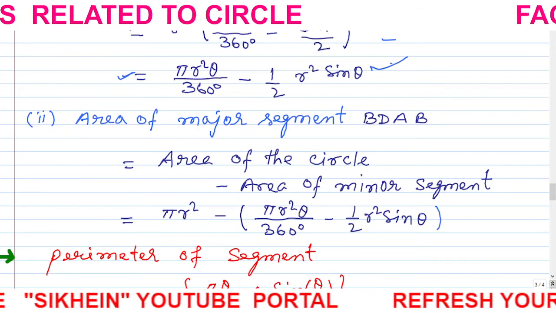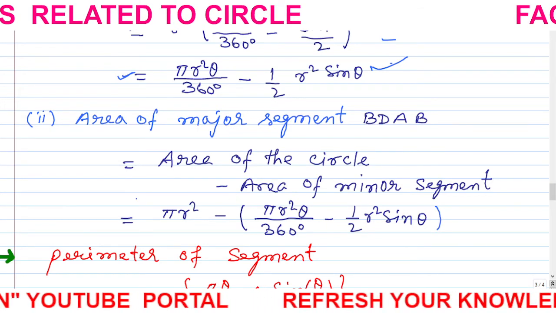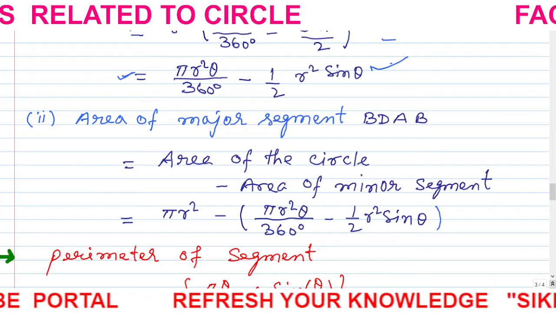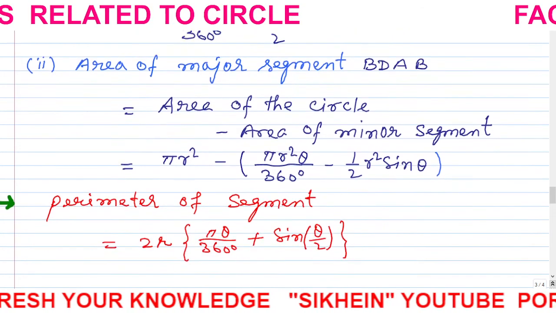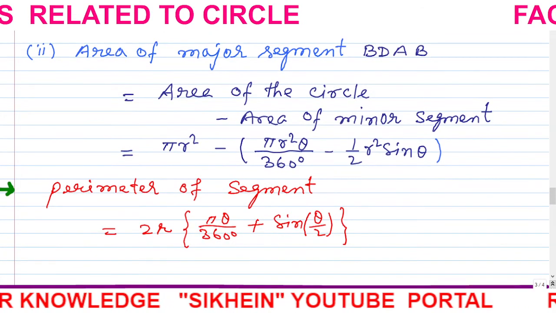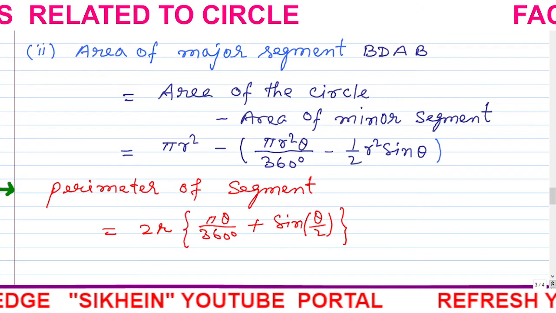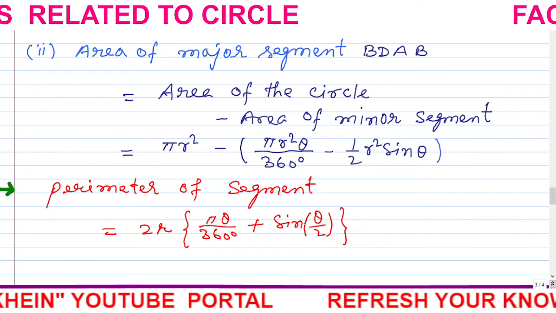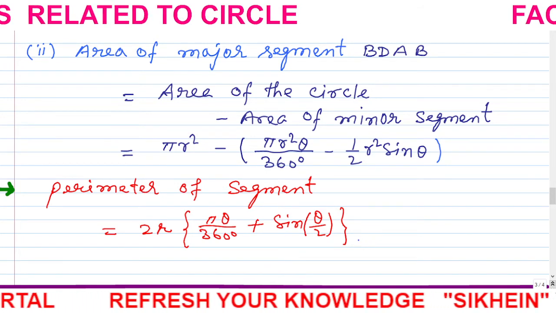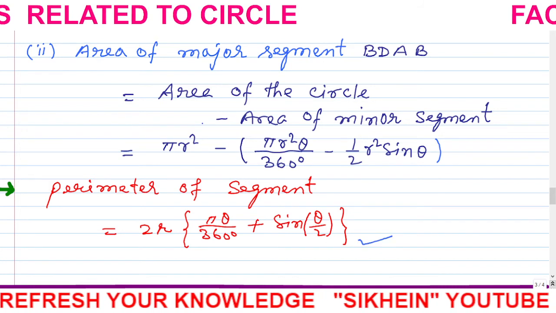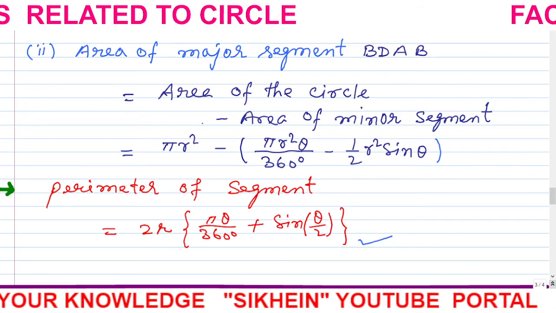This is the relation, and it plays an important role when you are doing sums related to this chapter. The perimeter of the segment is 2r bracket pi theta by 360 degrees plus sin theta by 2 bracket close. This is very helpful to you, dear learners.